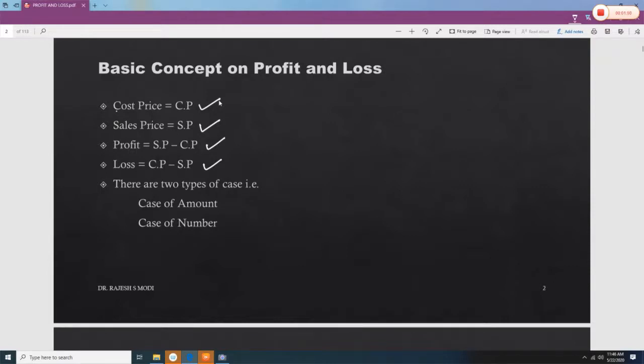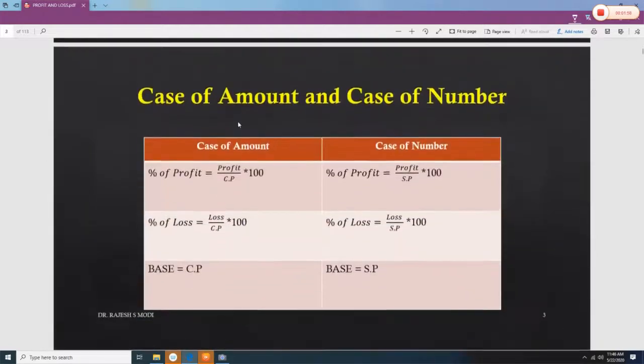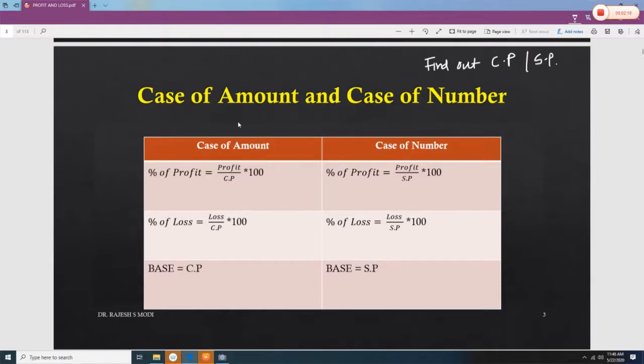As I discussed in the previous chapter on percentage, there are two types of cases. One is the case of amount, another is the case of number. These are very useful to find out CP, cost price, or SP. Sometimes the SP is given in the example and you need to find the cost price.